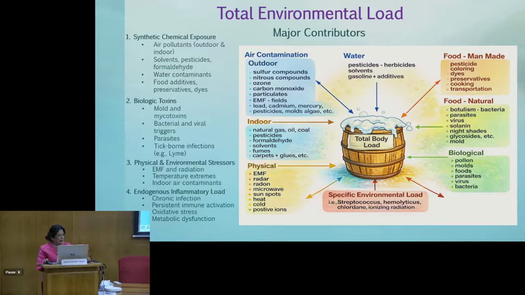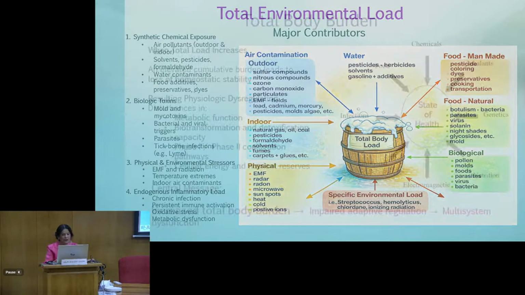Yesterday it was also described as Lyme and chronic infections, persistent immune activation, electromagnetic radiation, and electromagnetic field sensitivity or electrical hypersensitivity, temperature irregularities, indoor air contaminants, including biological factors like pollens, molds, foods, parasites, and specific environmental load. And these all end up causing persistent immune activation, oxidative stress, and metabolic dysfunction.